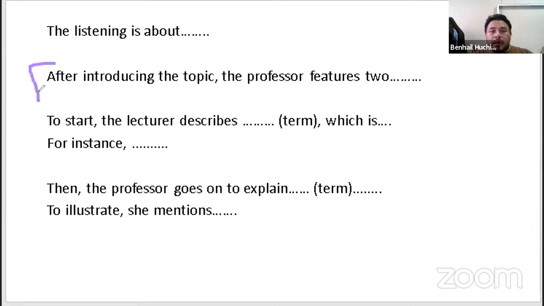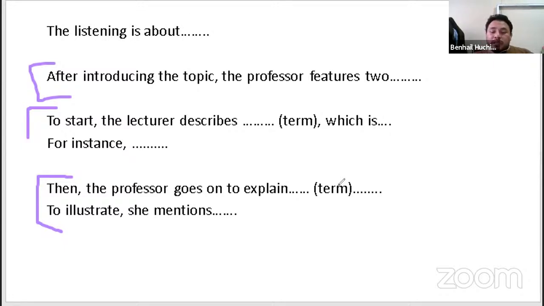After introducing the topic, the professor features two main examples, the microbat and the megabat. To start, the lecturer describes megabats, which are called the normal bat. For instance, they are similar to bees. Then the professor goes on to explain this and that. You get the terminology about the second type of bats.